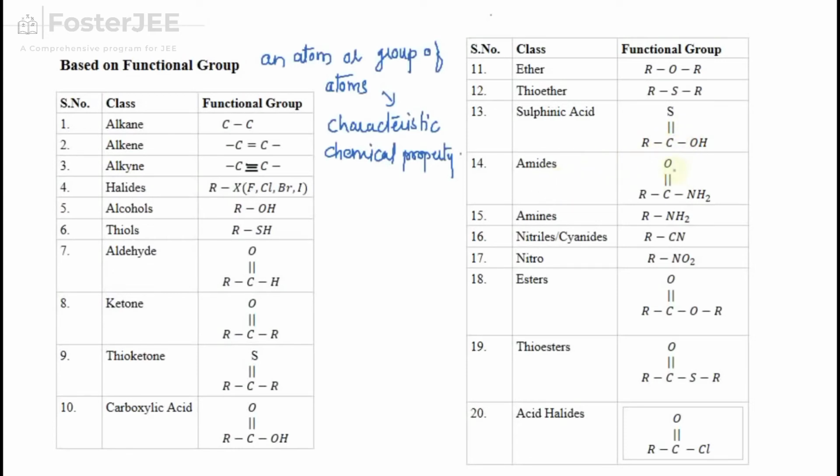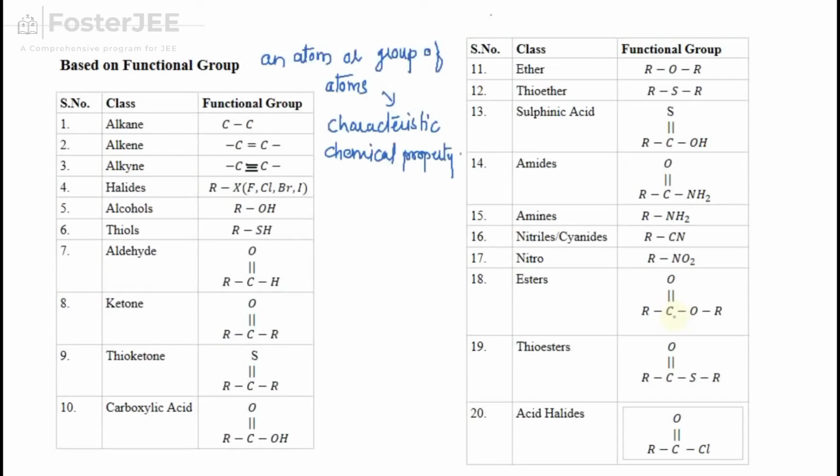Now in amide, the functional group is CONH2, which is connected with one alkyl radical. In amines, the functional group is the NH2 group, which is connected with one alkyl radical. In nitriles or cyanides, the functional group is CN, which is linked with one alkyl radical. Now in nitro, the functional group is the NO2 group, which is connected with one alkyl radical. Now the next one is ester. In ester, the functional group is COOR.